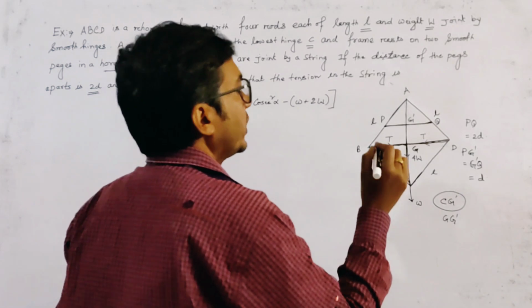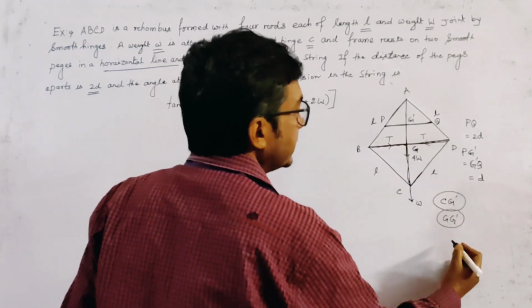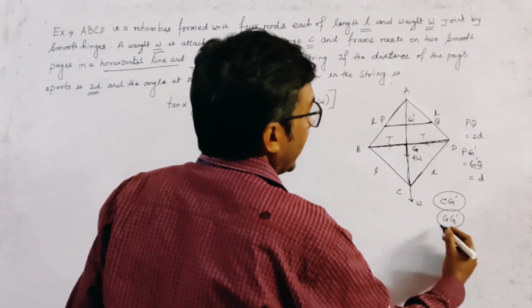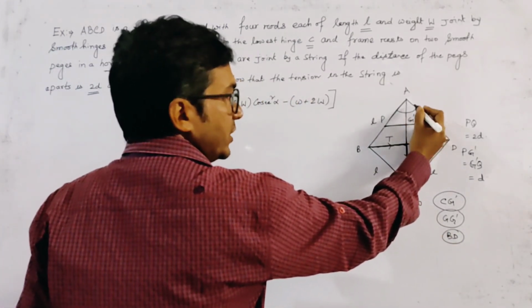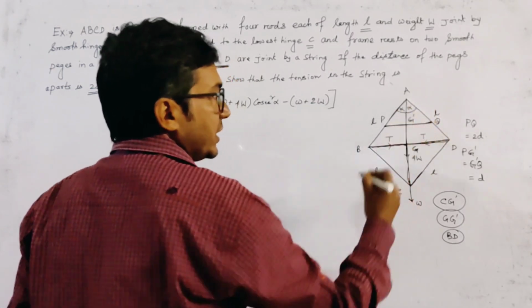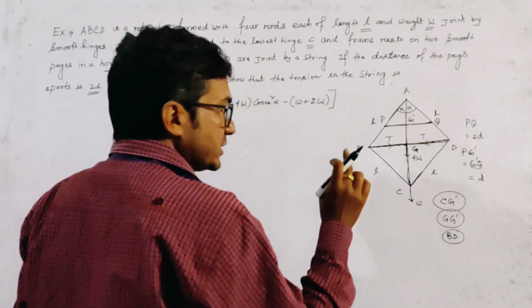So we have to find the length of the string, this is BD. Here it is given that the total angle is 2 alpha, so this angle is alpha, and this angle is alpha.